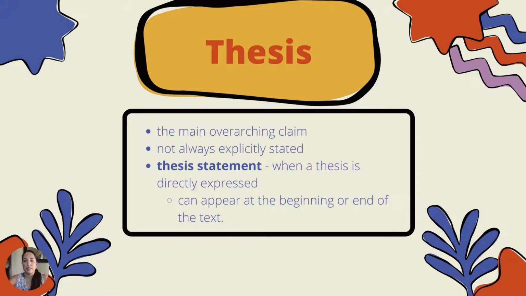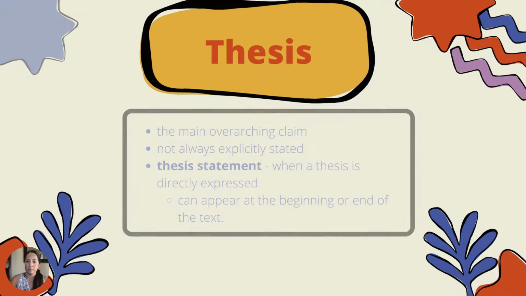A thesis is the main overarching claim a writer is seeking to defend or prove. A writer or speaker's thesis is not necessarily one sentence or even an explicit statement. When a thesis is directly expressed, it is called a thesis statement. Depending on how an author chooses to organize his or her text, the thesis statement can appear at the beginning or end of the text.